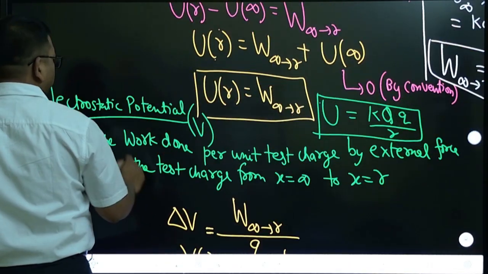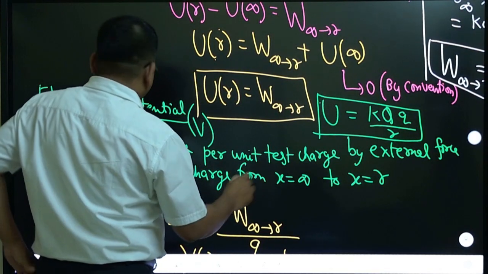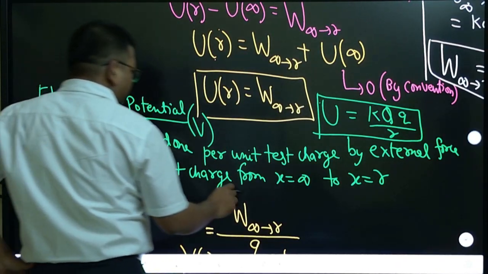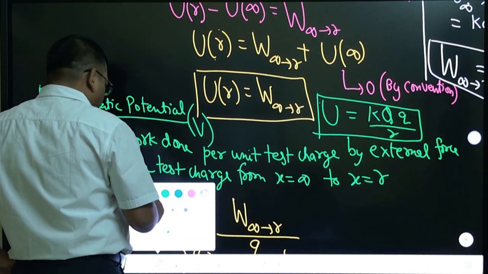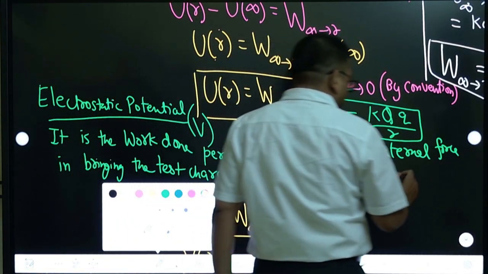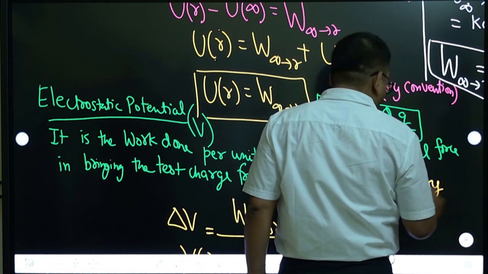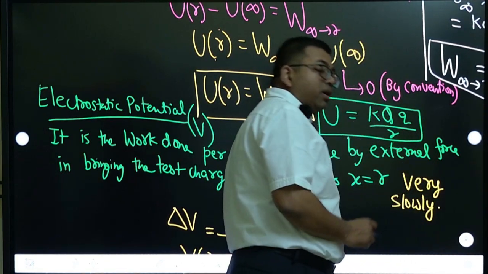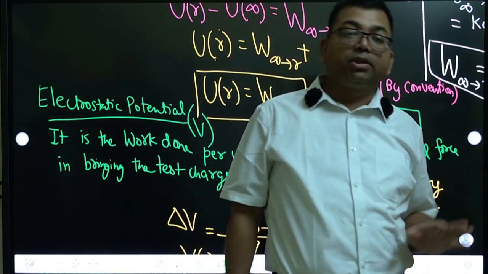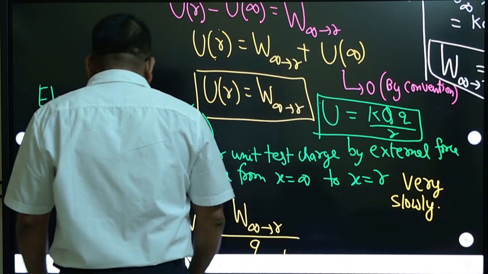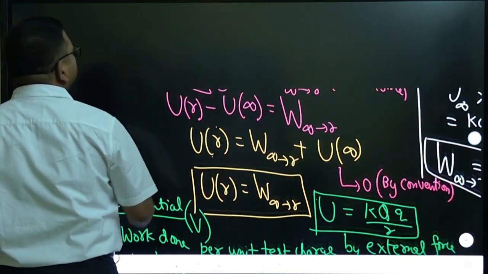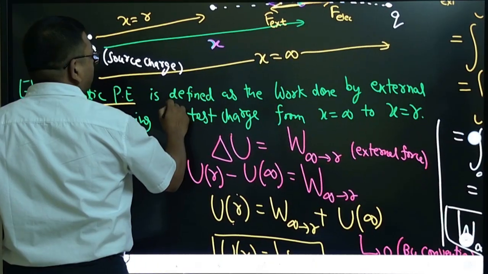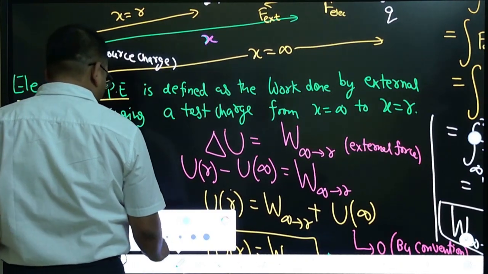Like in the potential by external force in bringing the test charge from this point to this point, very, very slowly. Add this word, very slowly. Very slowly means you are almost moving with zero speed. So this word you can add in the definition, then only it will be correct. Very slowly.